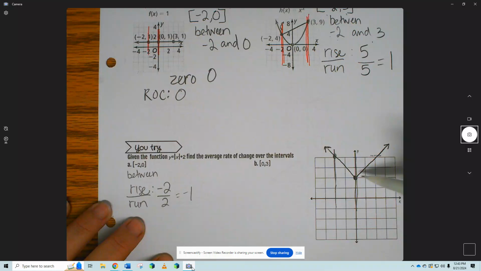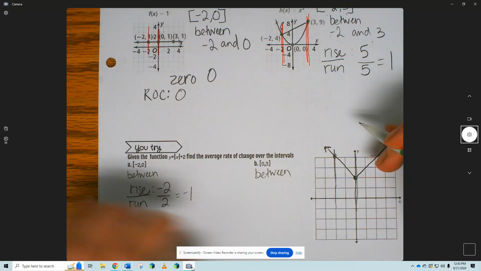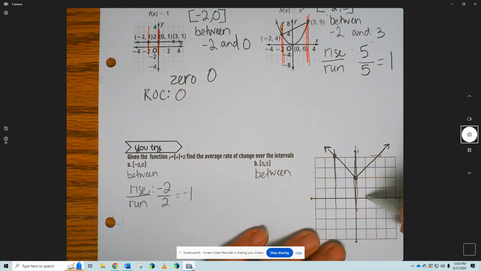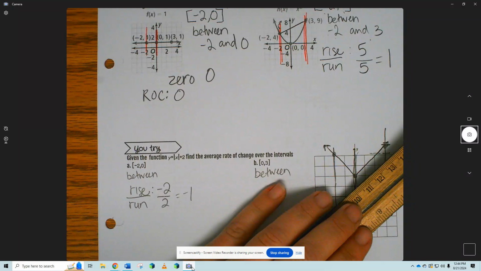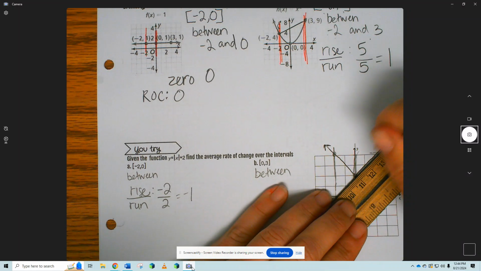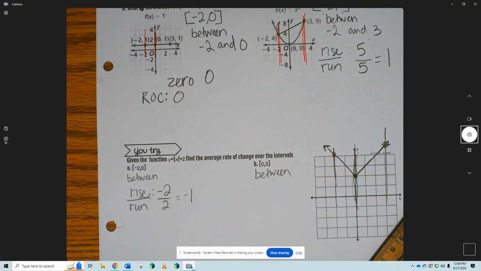All right. In between 0 and 3. Mark it. Here's 0 and here's 3. 1, 2, 3. Oh, it's off. That's fine. It's probably one more box up. Okay, count the slope. Here's my line between 0 and 3. It's right here. What's the slope of that line between 0 and 3? Rise and run. Figure it out. Rise what? Run what? Between 0 and 3.